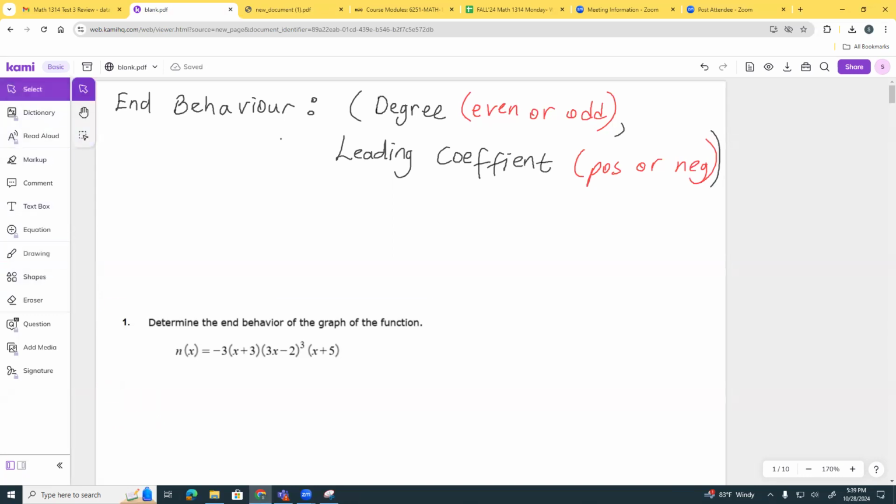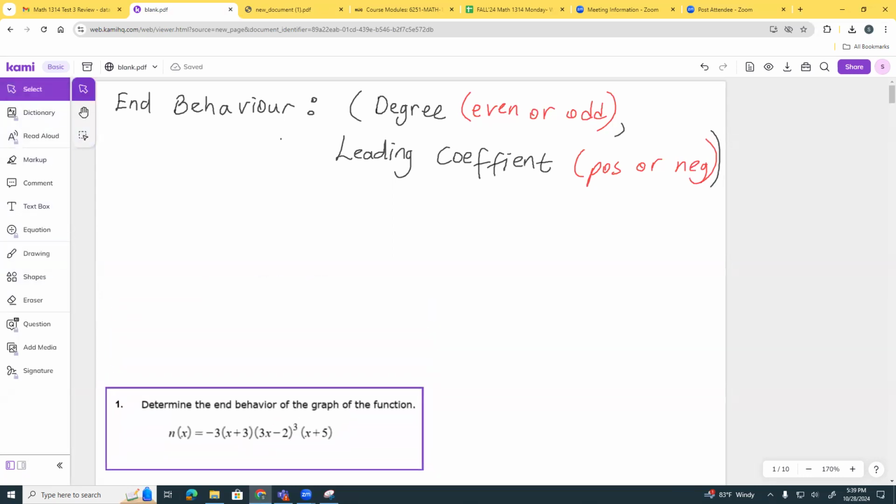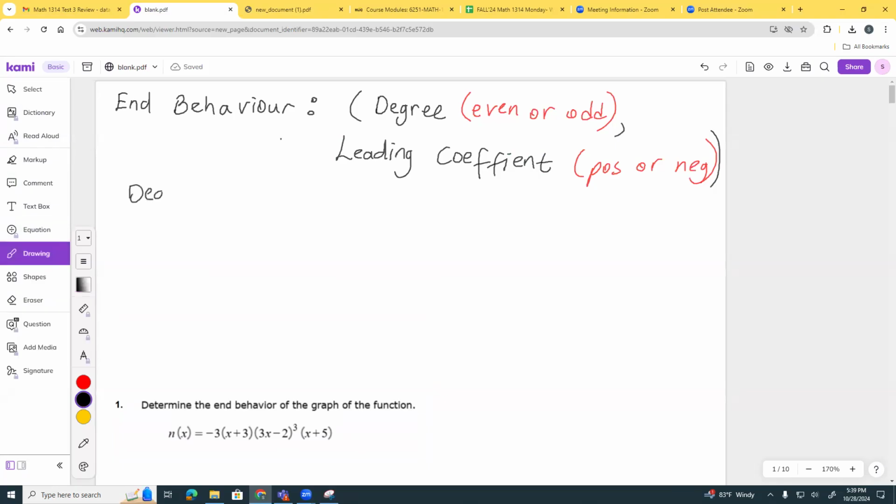So let's remember the rules again before we start question 1 from the test. This is what we're going to check. If the degree is even, which means when you have a polynomial function and the highest exponent is an even number, it can be rising on the left, rising on the right. This is one of the options for the end behavior.